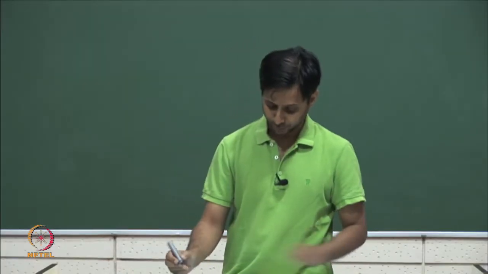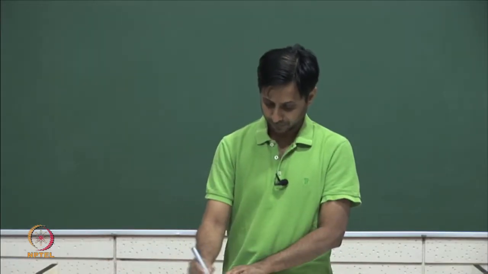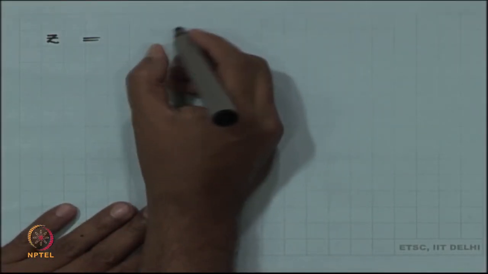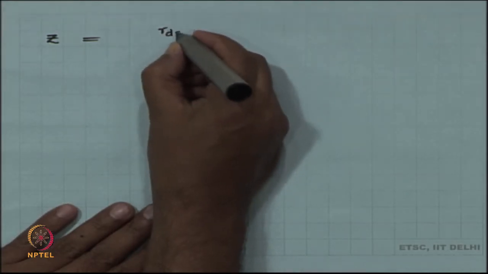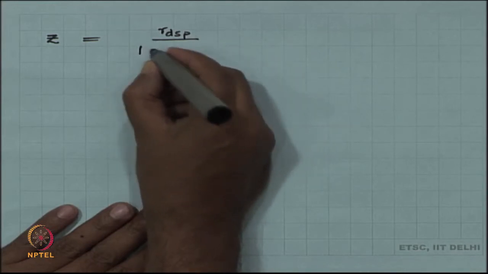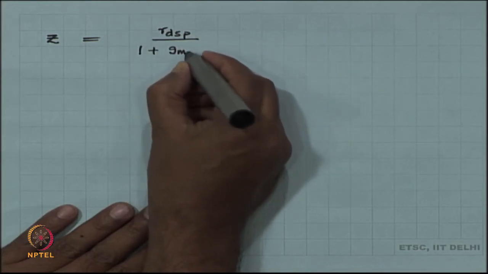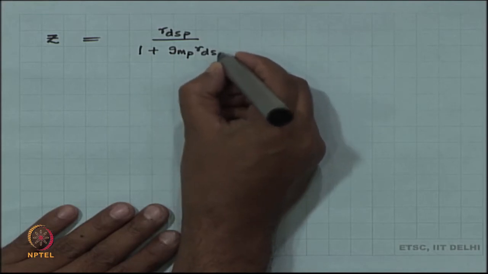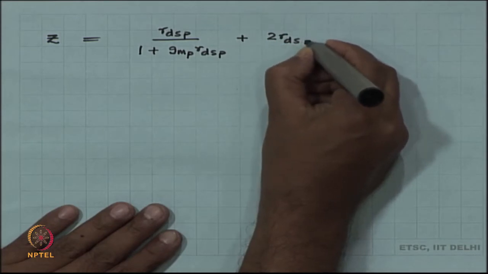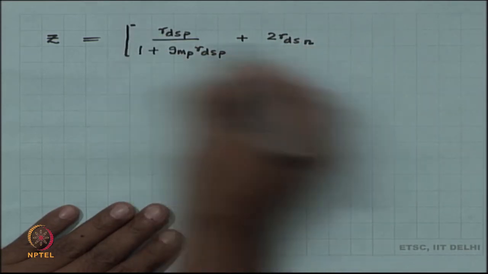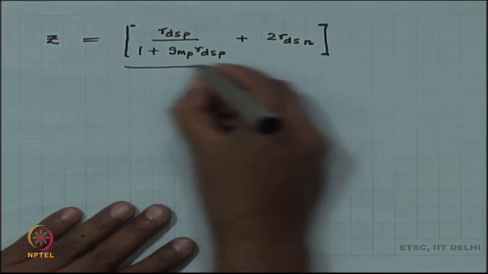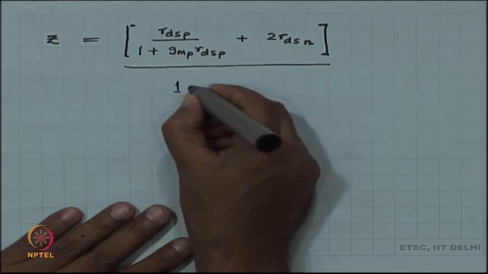So, my final output impedance is the impedance looking up divided by a factor of 1 plus.